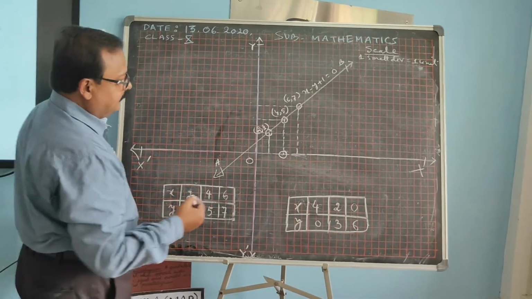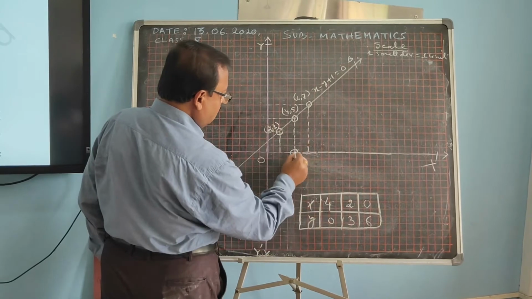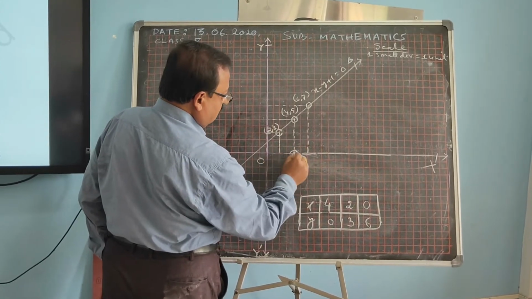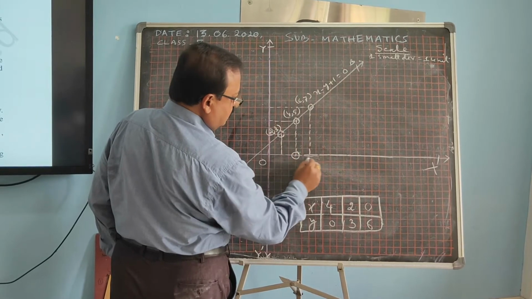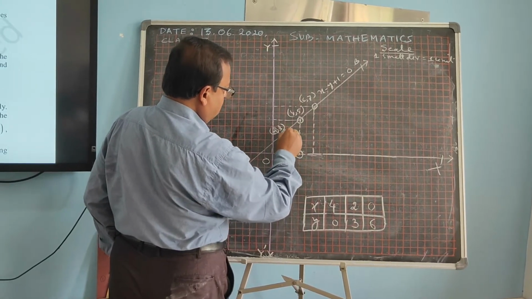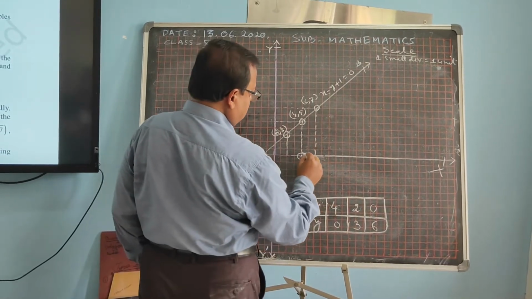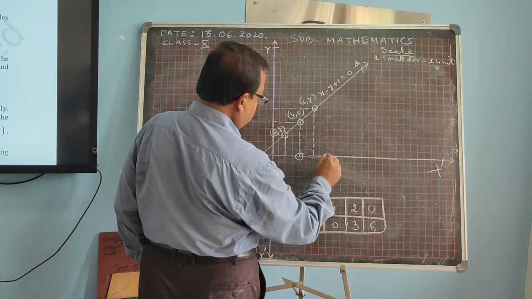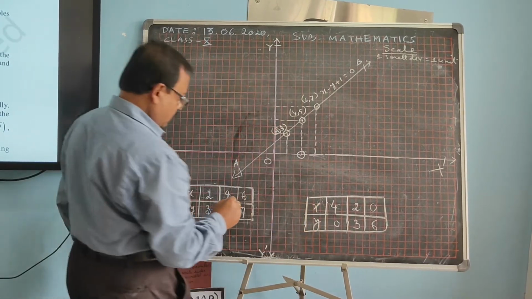And similarly, this 4, 0 is 4, 0, 2, 3, it is 2, 3, the same point 2, 3, and 0, 6.